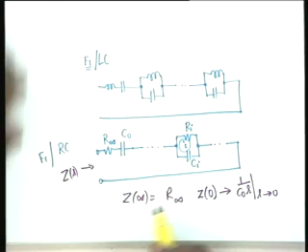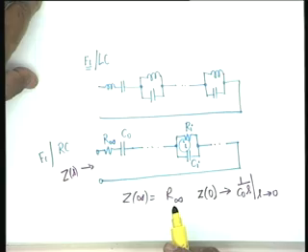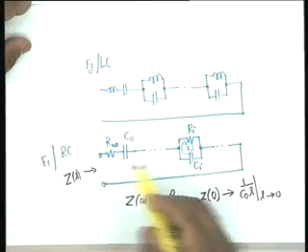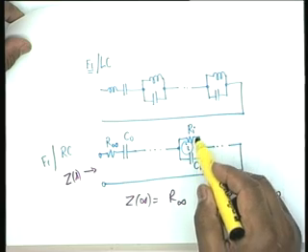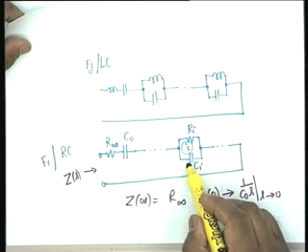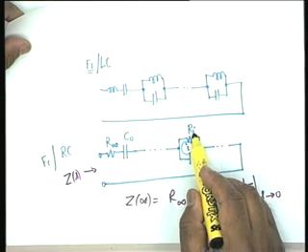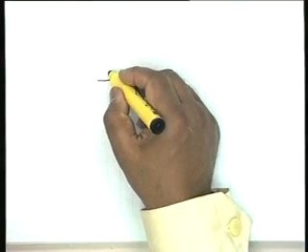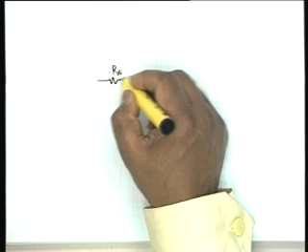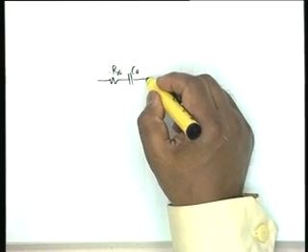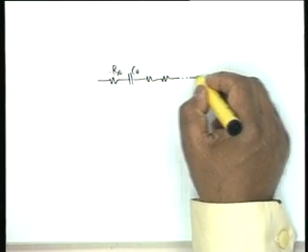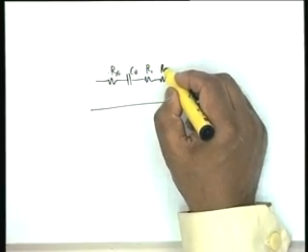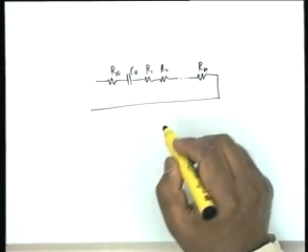Now, if I write an expression, at s equal to 0, each of these parallel branches, this is open and therefore Ri takes over. So, at s equal to 0 the equivalent circuit would be R infinity, C0 and then R1, R2 and let us say Rn.